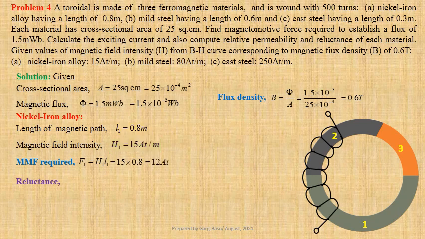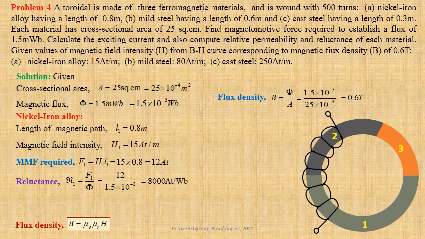Reluctance R1 equals F1 divided by phi. Using values we get 12 divided by 1.5 into 10 to the power minus 3, that gives us 8000 ampere turns per Weber.